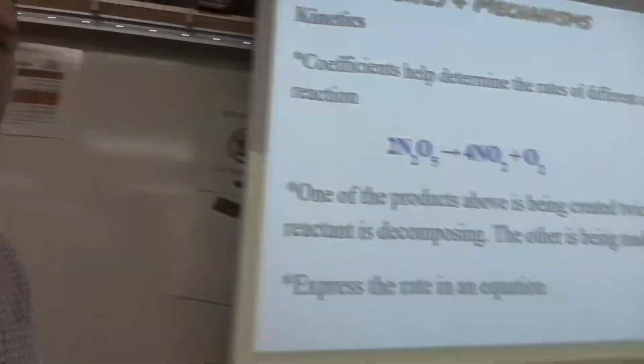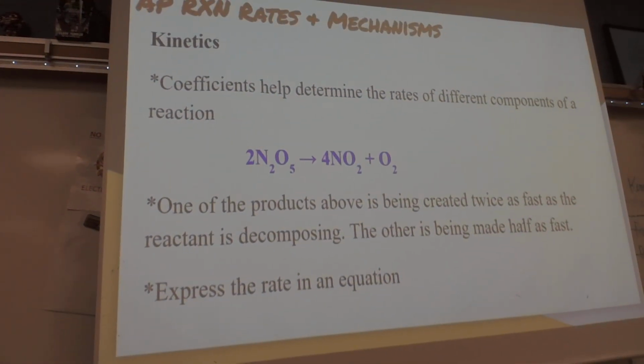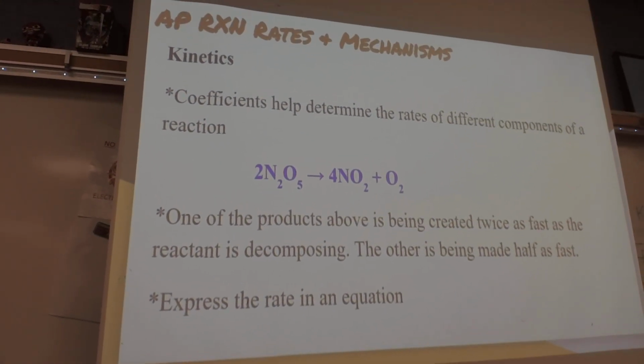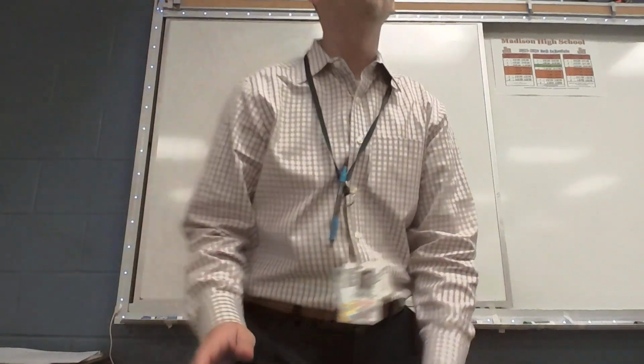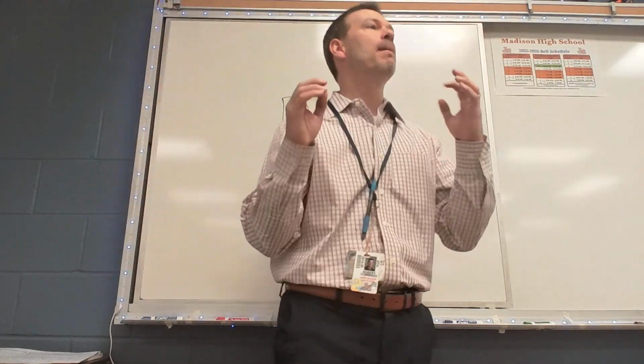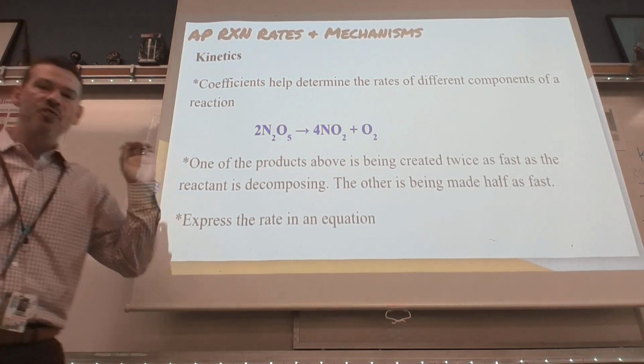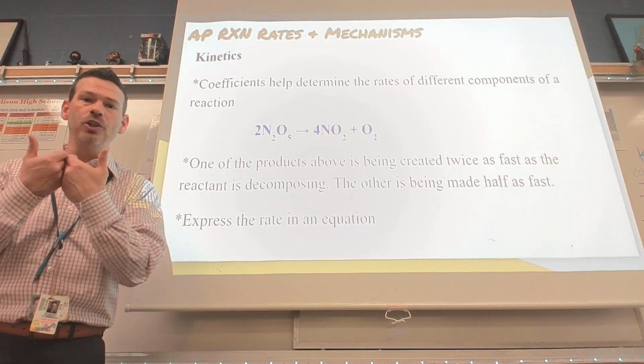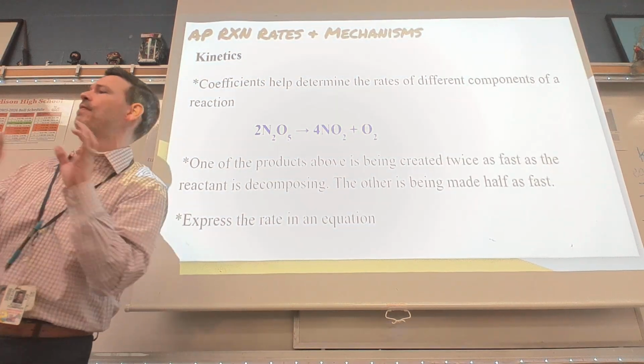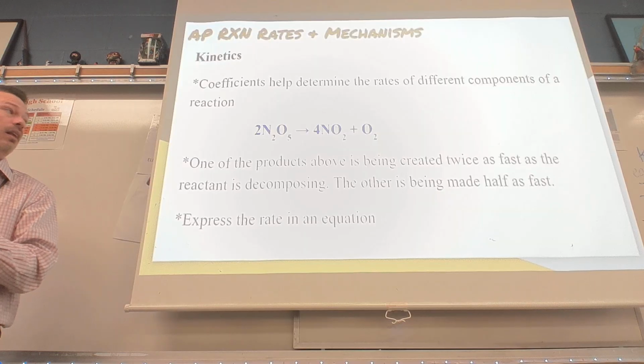Now, if we start to apply kinetics to an actual equation, what you'll find is that you already have the ability to tell me some kinetic data. If you look at this equation, the coefficients tell you the kinetic conversations that the substances are having.